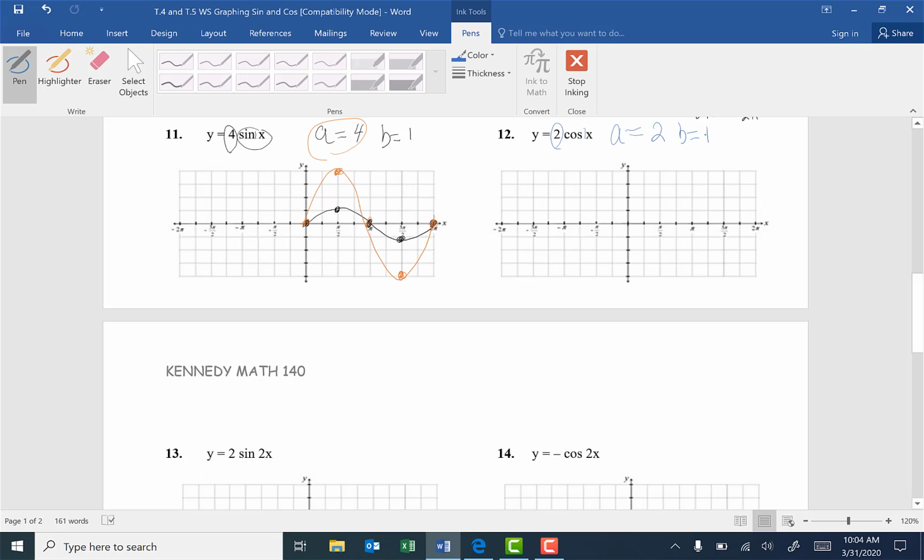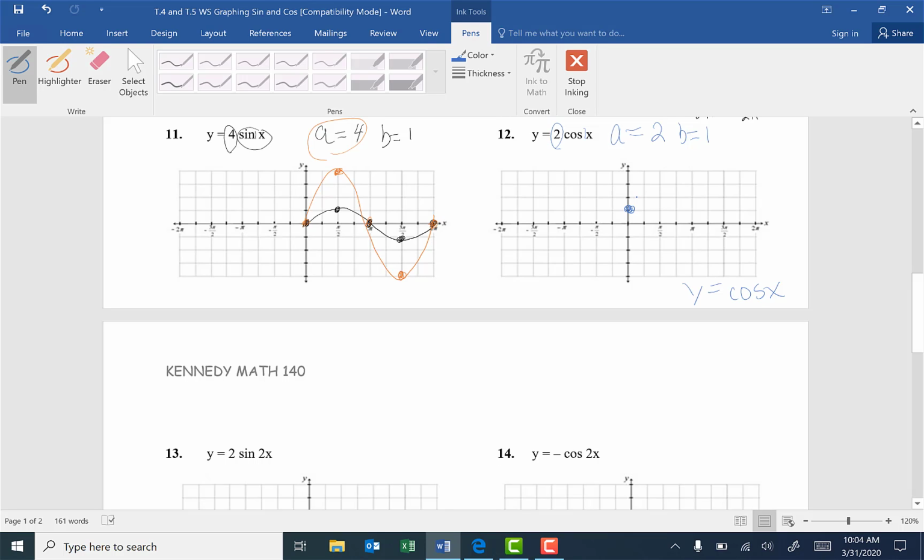So what does the cosine graph look like? The normal cosine graph, y equals cosine x. We learned this right at the beginning, and then you have to kind of memorize it. At 0, it starts at 1.